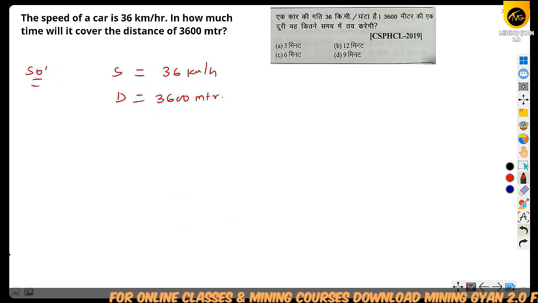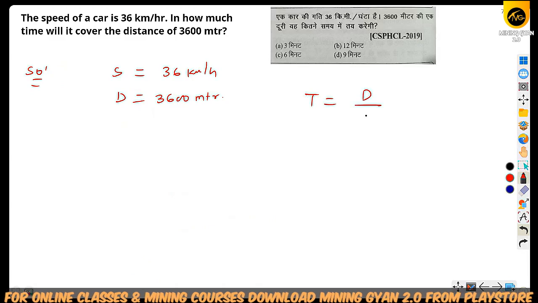So the time interval is equal to distance divided by speed. The distance is 3600 meter, and the speed will be in meter per second, because the options are available in minutes.